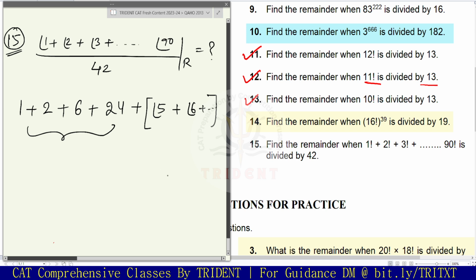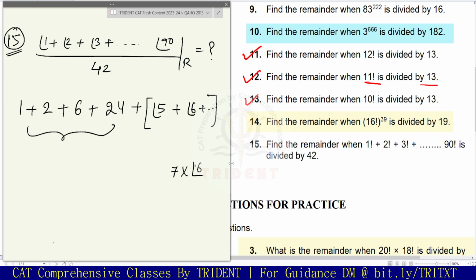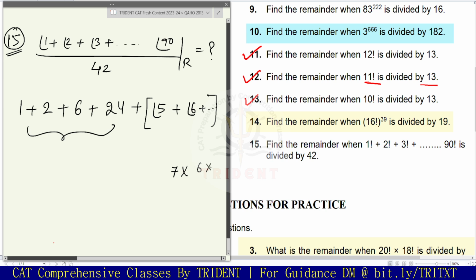But please pay attention: factorial 7 onwards, what I will get is, factorial 7 is what? Factorial 7 is 7 into factorial 6, or let's say 7 into 6 into factorial 5, divided by 42.